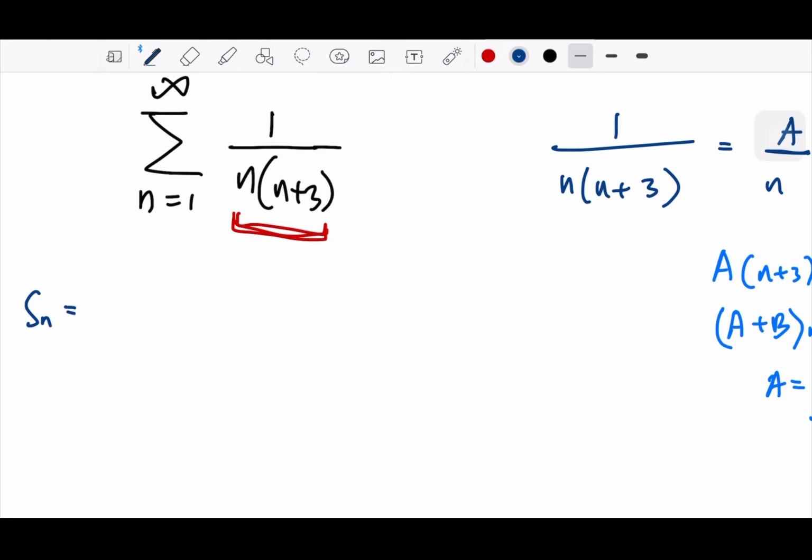We take the Sn as a partial sum. Let's use another variable i to denote the integer.